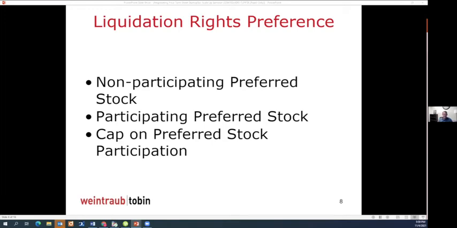And then the cap is a bit of a middle ground, a hybrid, where the investor again gets both of those options, but there's a cap on how much they participate in the common stock level of things. So it's a 50% participation at that level or something like that. I'm actually just making that number up because I haven't really seen the cap version of it too much. Maybe 50% is not a good number, but it's fine for the concept here.